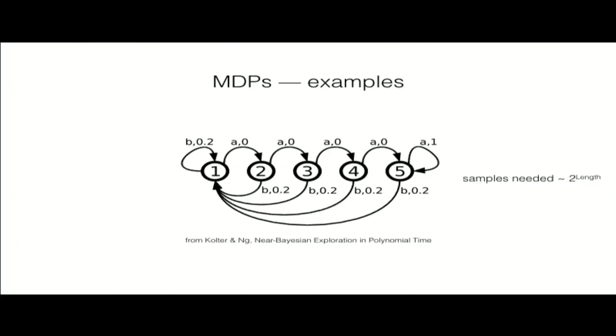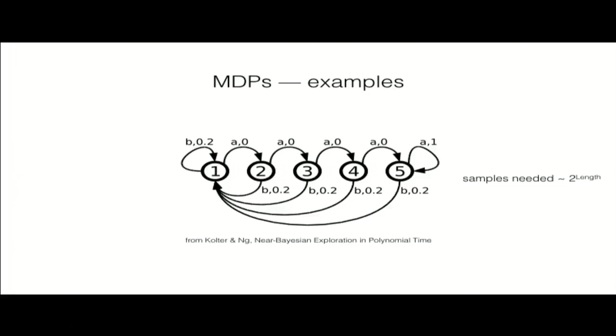It's 0 at all the states in the middle, and it's 0.2 if you're all the way on the left and you choose to go to the left. So basically, you want to be all the way on the right, and then you'll get reward of 1 if you keep taking this action. But you're not even going to reach this state if you start off with a random policy, or even if you have epsilon greedy.